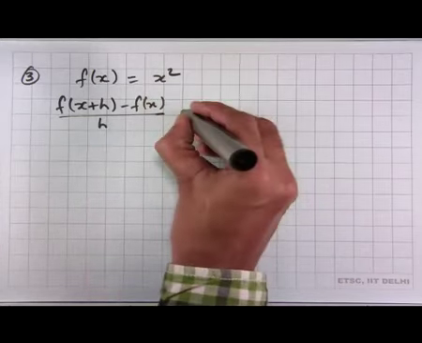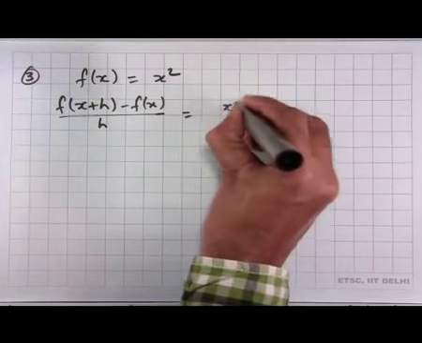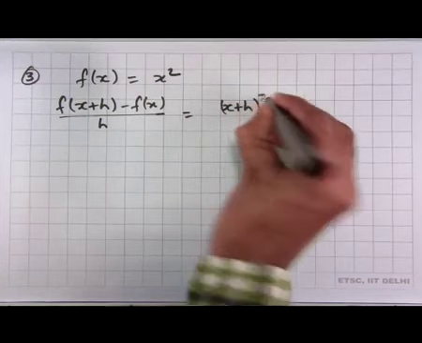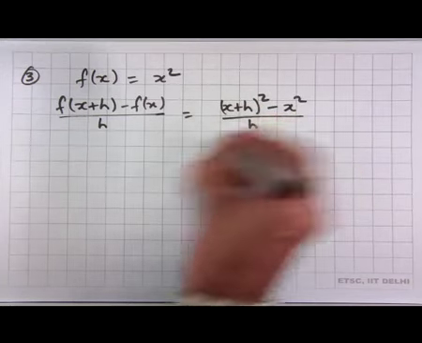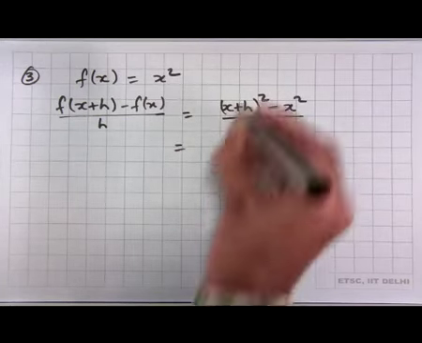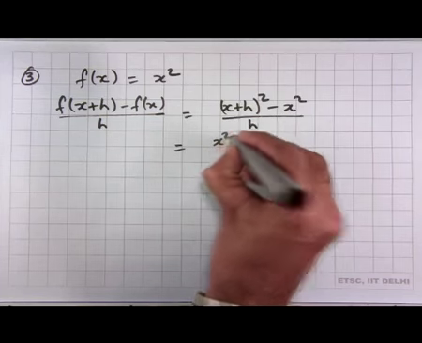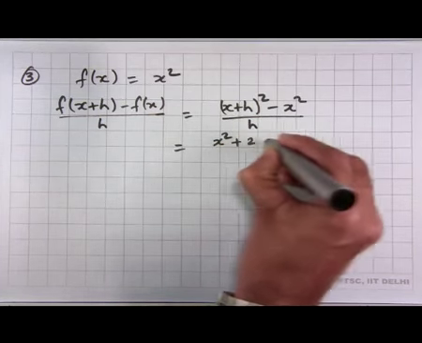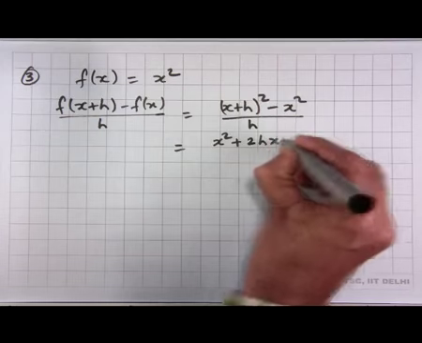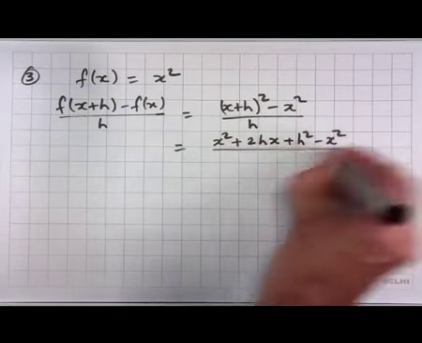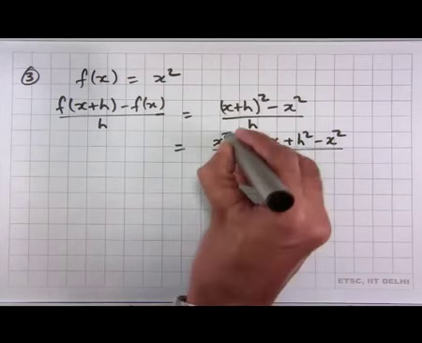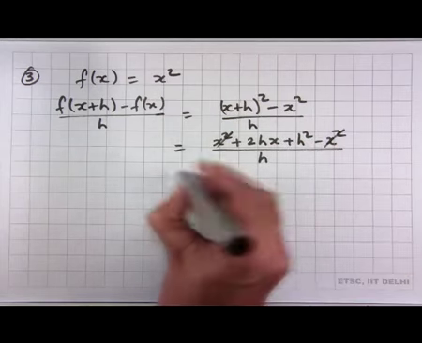So, this is equal to x plus h square minus x square divided by h, and then we write x plus h square as x square plus 2 h times x plus h square, minus x square, divided by h, then x square and x square cancel.